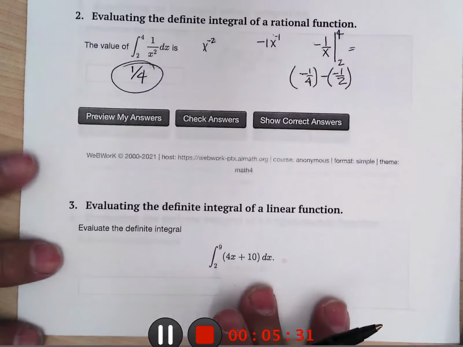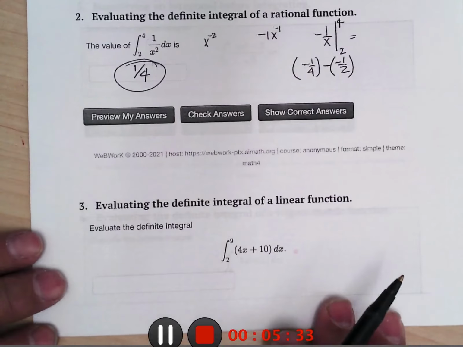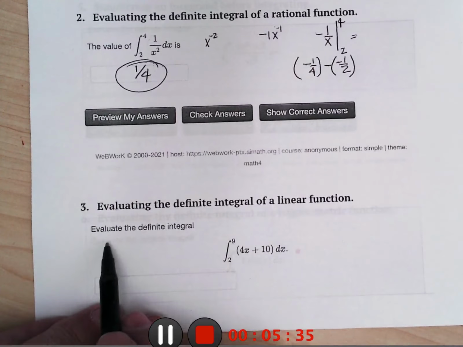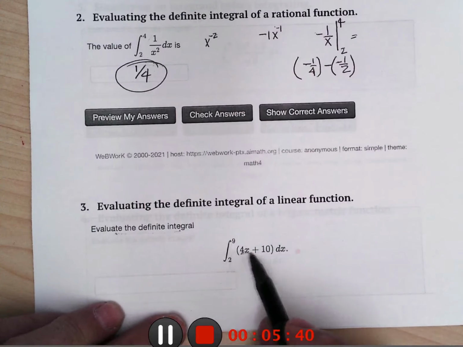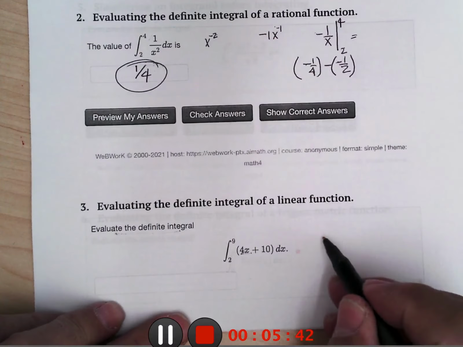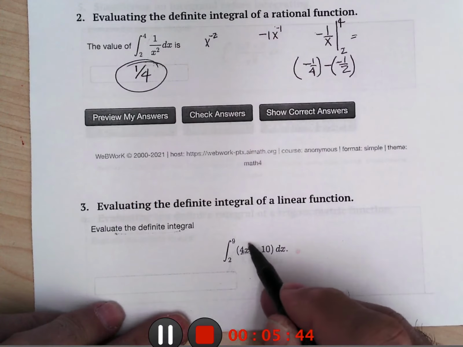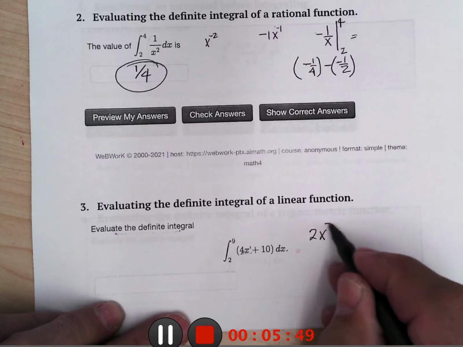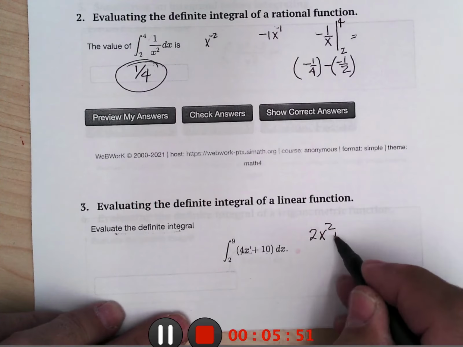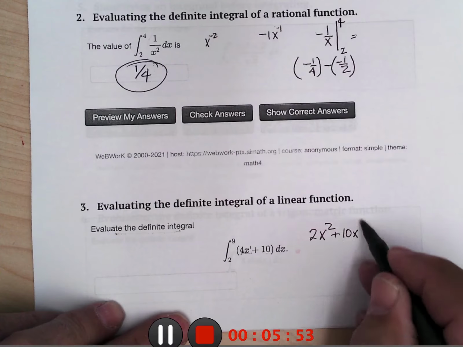All right, this one, evaluate the definite integral from 2 to 9. So the antiderivative of 4x, see that's 1, so we add 1, that's 2, and divide by 2, so it's 2x squared, and 10 goes to 10x, from 2 to 9.